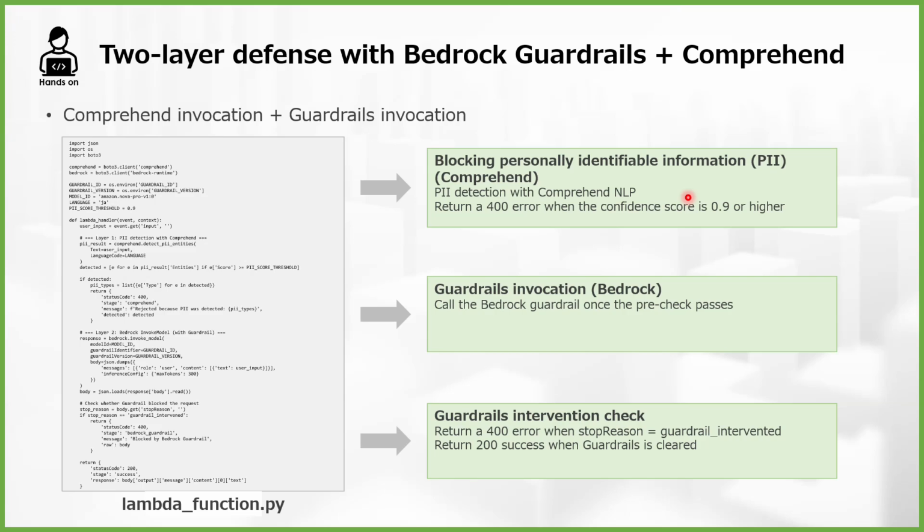And once the Comprehend pre-check passes, the Bedrock guardrail is invoked, and if there is a guardrail intervention, we return an error, and if it clears the guardrails, we return the success status code.